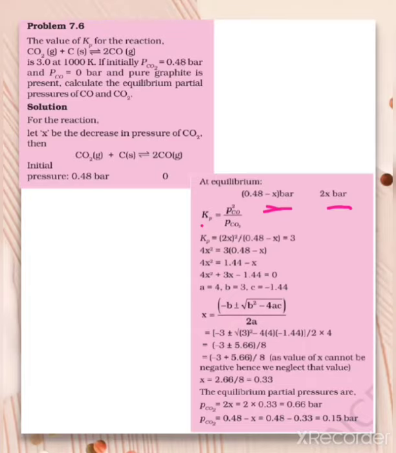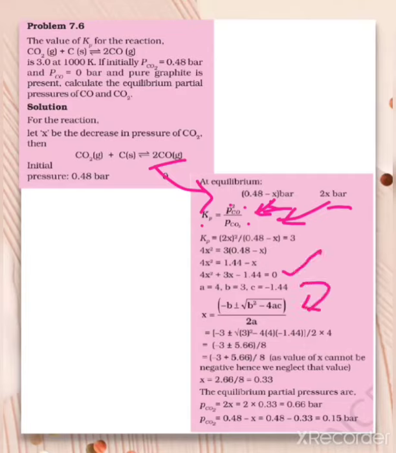Kp is equal to pressure of CO squared divided by pressure of CO2, that is product by reactant. We take the power 2 because the stoichiometric coefficient is 2. Now when you substitute these values and solve, we will get a quadratic equation.